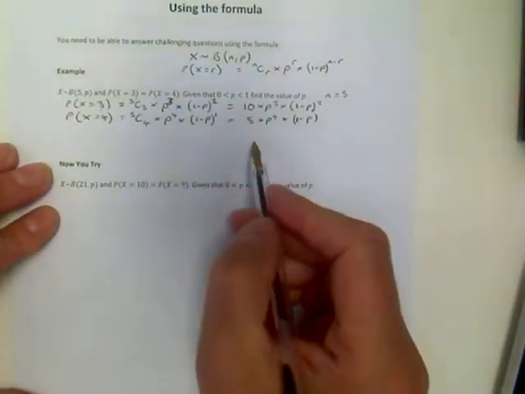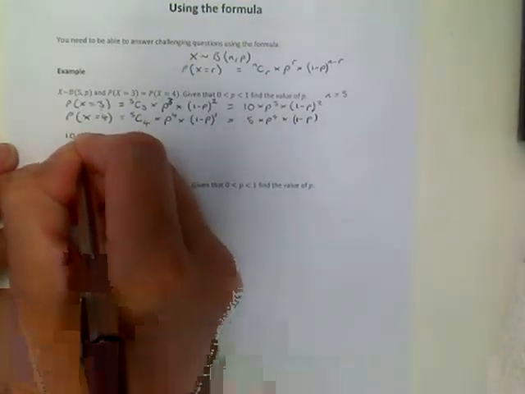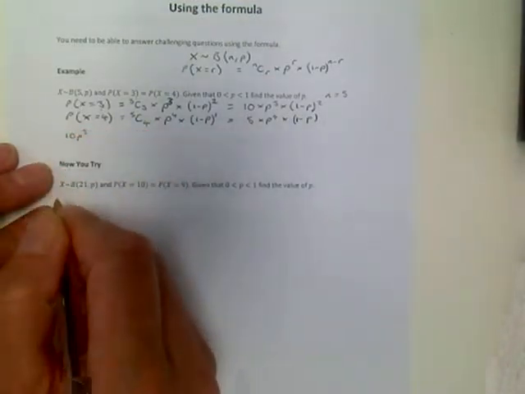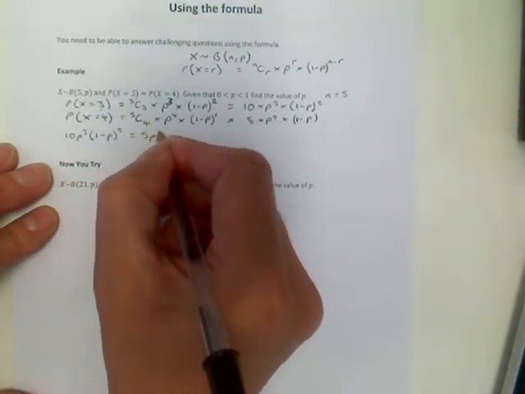Okay, so what I'm told in this question is those two things are equal, so I can equate those. So I've got 10, I'll take the times out, 10p cubed times 1 minus p squared equals 5p to the power of 4 times 1 minus p.